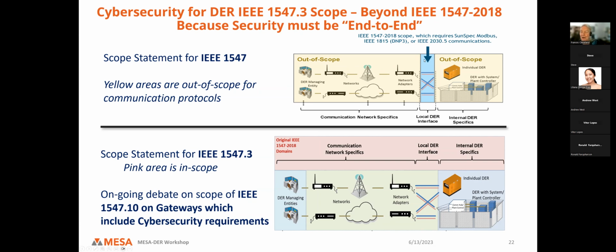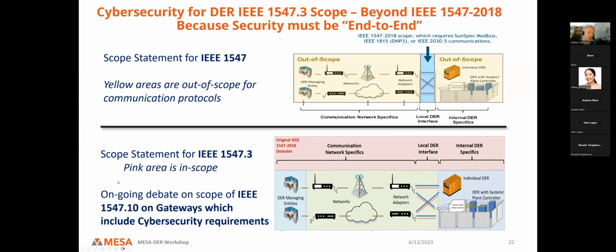You can't just say this little blue piece is secure but the rest of it is not, because you can send malware quite securely through this interface, and it'll still be malware on the other side. So in 1547.3 we said that our scope is this larger area, from end to end. And that, I think, is an important aspect.